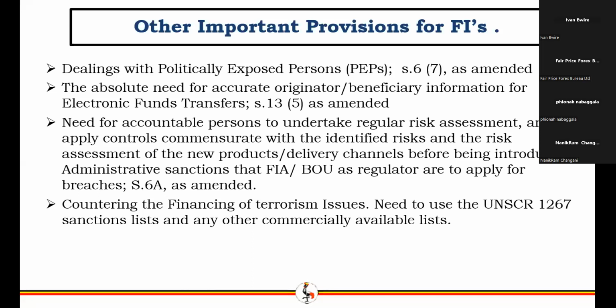So the general risk assessment gives us a picture of the four risk factors: customers, products, geographical location, and delivery channel. For the product risk assessment that we discussed, you're only looking at the products, but in this one, all of them are included, with the product as a risk factor. So when you see risk assessment, that's what we mean.